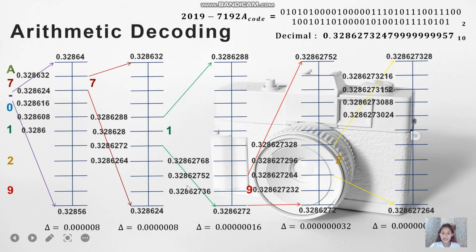Now we can get the next number, 9, which will be decoded in the next step, which is the upper boundary of 0.3286275 and 0.3286272, where we found this value here, and we expand it again until we can get the value for the number 2, 0.328627328 and 0.328627264. We expand it again for the next step.